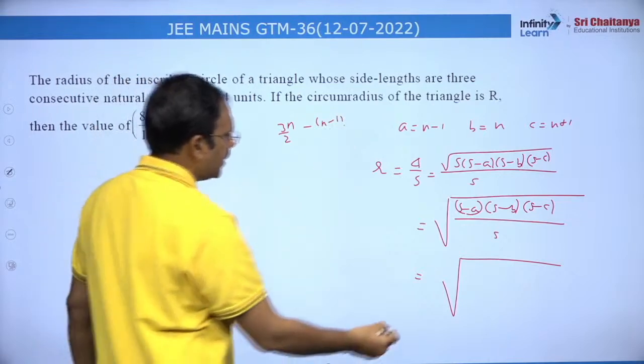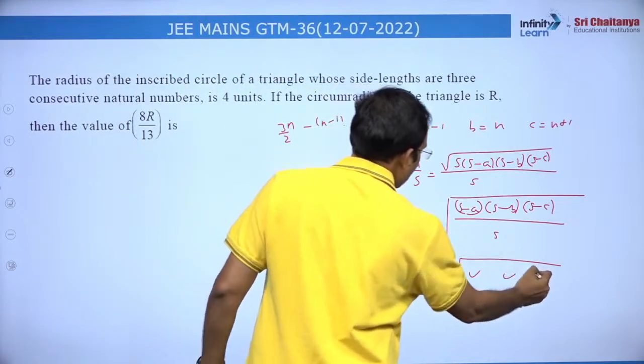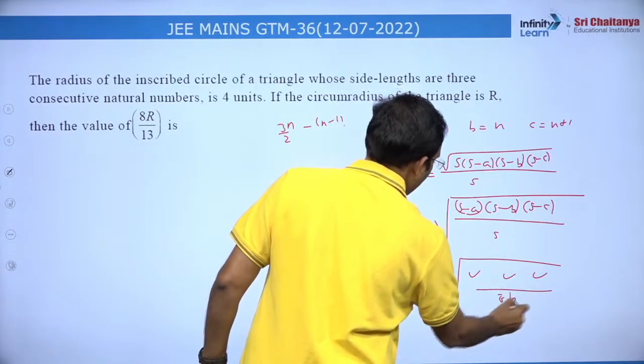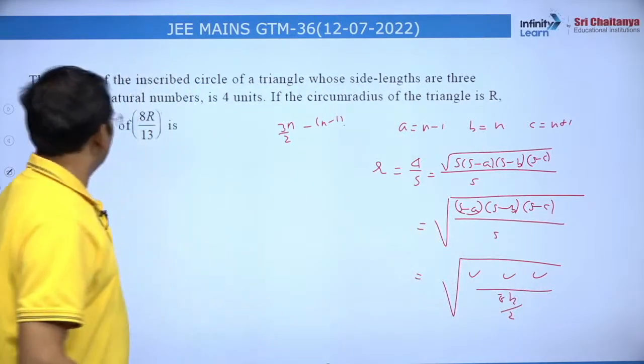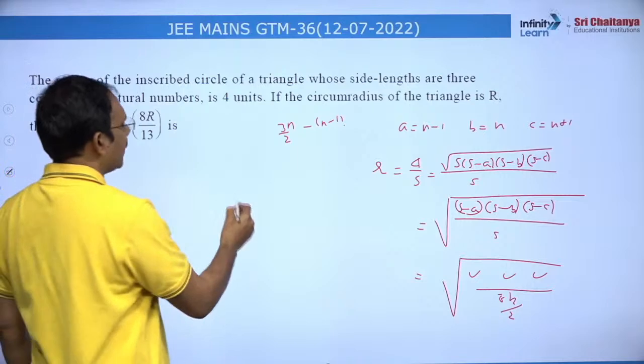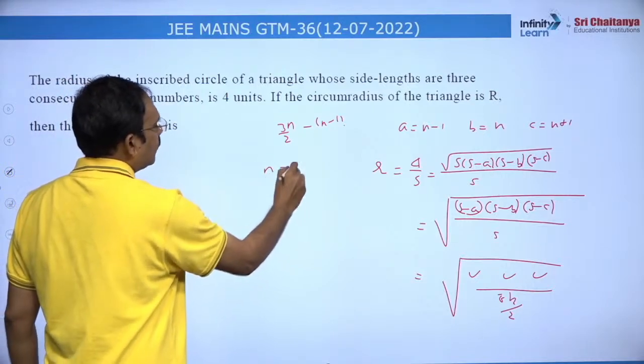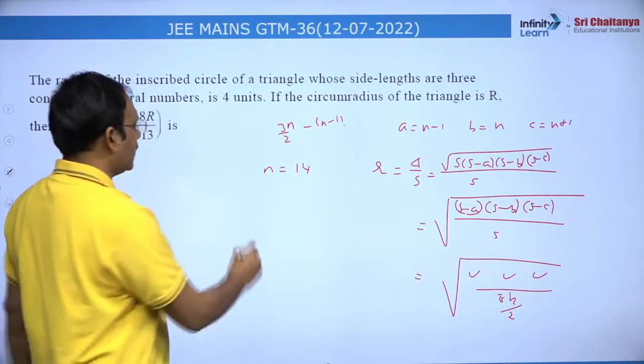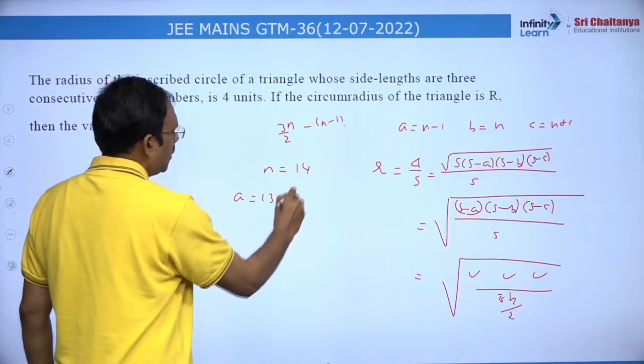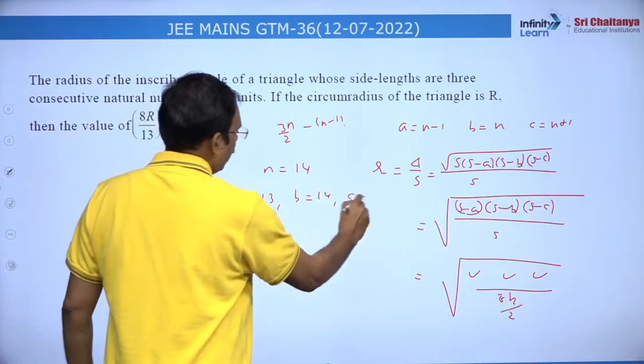So, you will write here s minus a, s minus b, s minus c, and you just equate it to 4, which gives, my dear friends, n value to be 14, and hence the triangle is going to be 13, 14, 15, right.